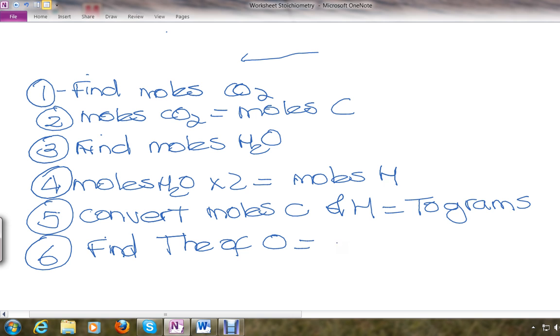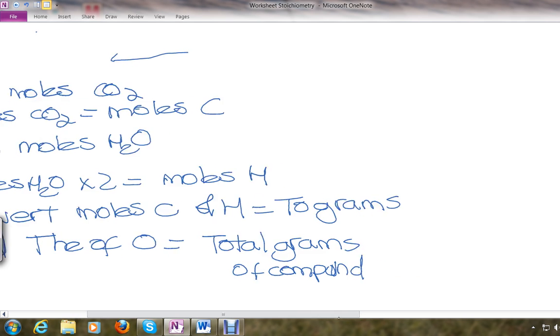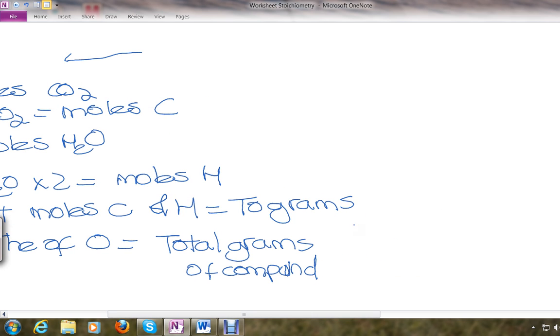Well, if you have the total mass or total grams of the whole compound, it is going to be equal to the grams of oxygen plus the grams of carbon plus the grams of hydrogen.